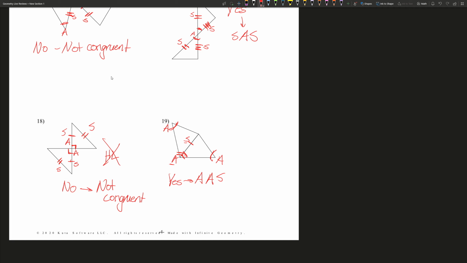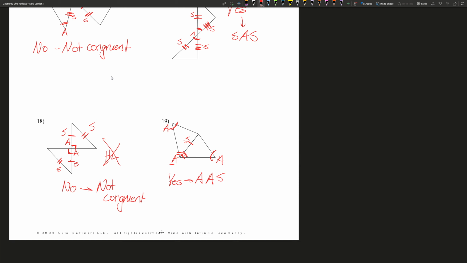So 17, you're given two sides and an interior angle. So two consecutive sides and an interior angle on number 17. All right, number 18, you're given two sides and a non-included angle. It's not because of the right angle.